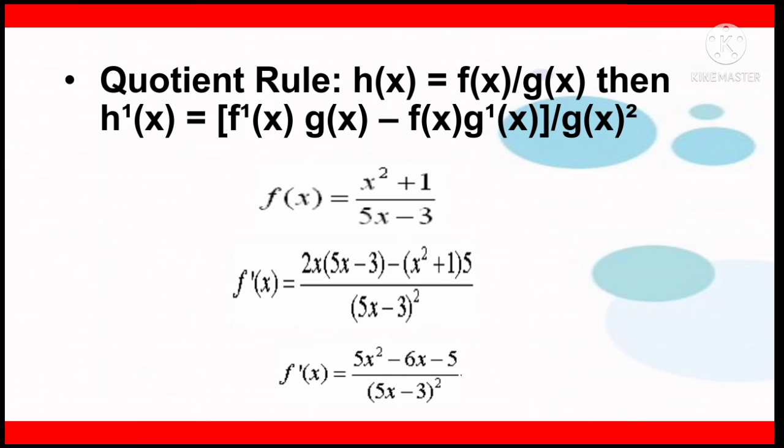So we came up with this, 5x squared minus 6x minus 5, as we organize the formation according to the power, or the standard, which is ax squared plus bx plus c. So we came up with this derivative of the function given here.